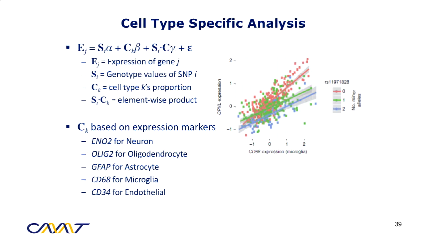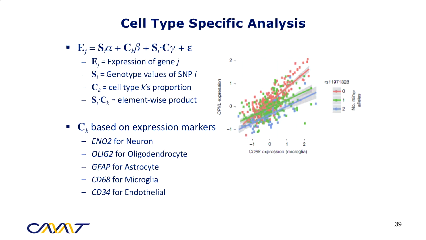All right. And then one more question that's particularly relevant for follow-up studies is that are certain XQTLs more pronounced in certain cell types? And for this, what I did was, again, I'm testing for expression here as the response, and I'm modeling that with the main effects of SNPs, but in addition, I put in the main effects of cell type proportion as well as their interaction, and this is the term of interest.